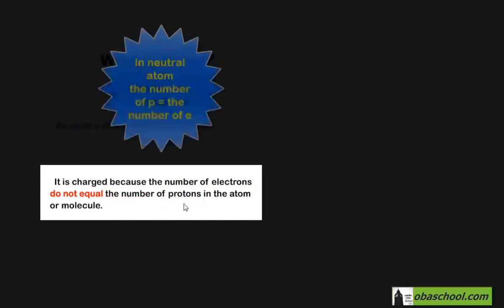It is charged because the number of electrons is not equal to the number of protons in the atom or molecule. You know that in a neutral atom, the number of protons equals the number of electrons. So the atom is electrically neutral and has no charge. As for the ion, it has a charge because the number of protons is different from the number of electrons.